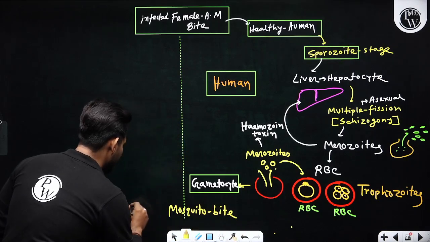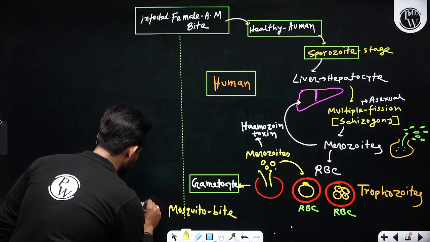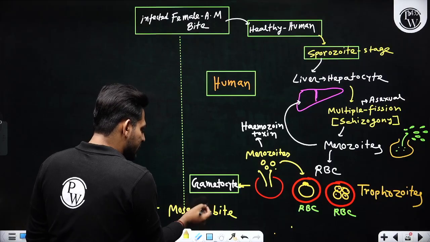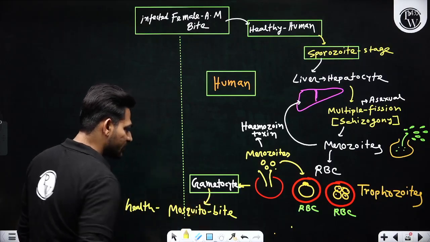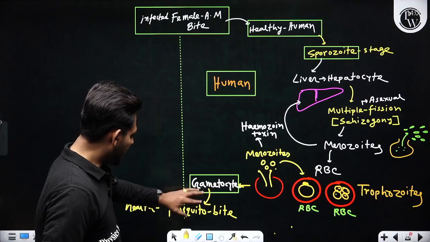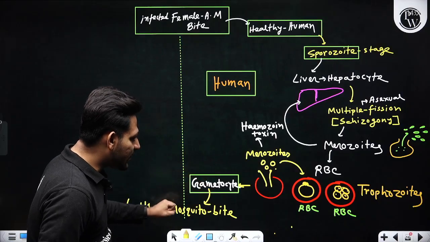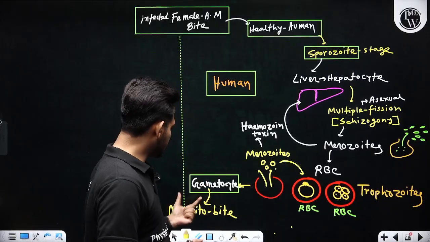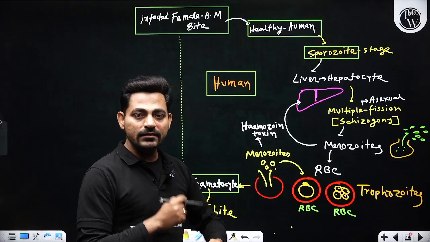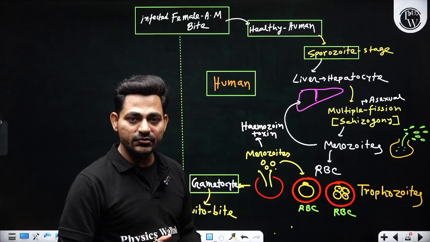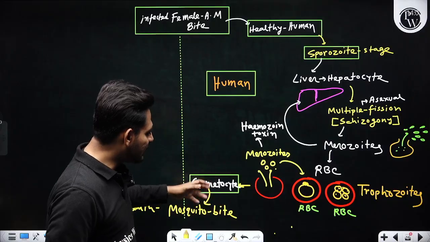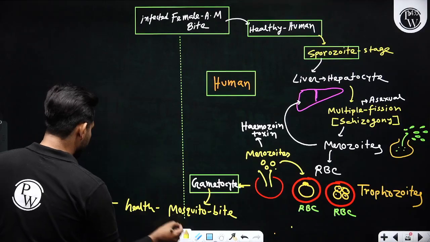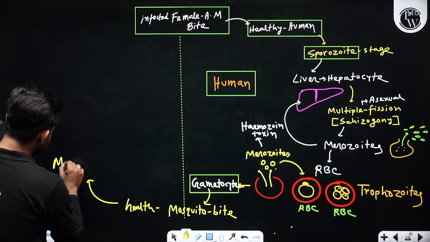Now this healthy female Anopheles mosquito will bite and suck blood from this man, and it will take in some gametocytes, sporozoites or merozoites. Now inside the gut of this particular mosquito, the alkaline pH will kill sporozoites and merozoites, but it cannot kill the gametocytes. Now these gametocytes will reach the gut or midgut of the mosquito.